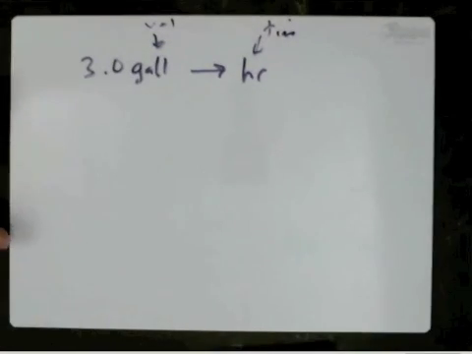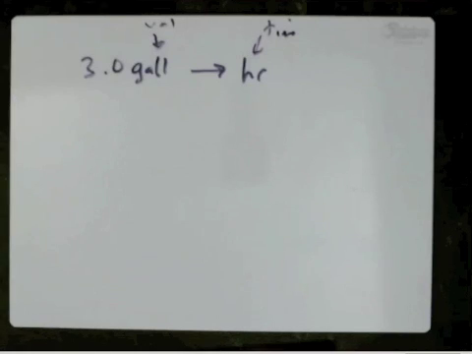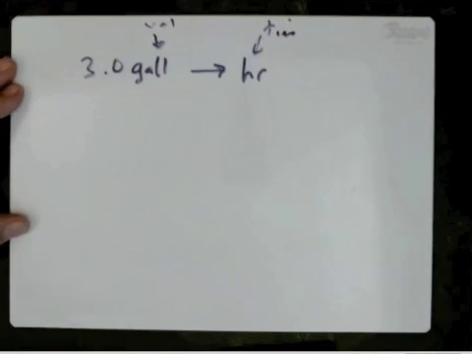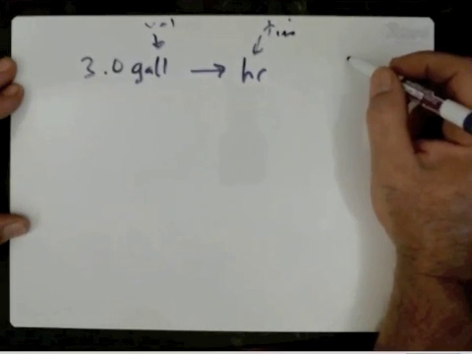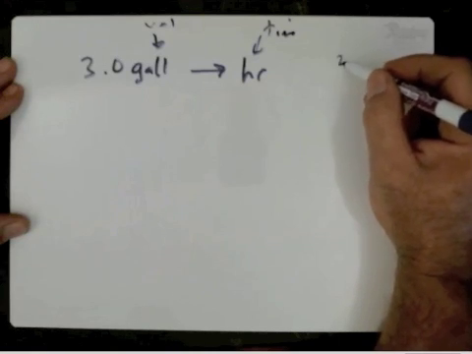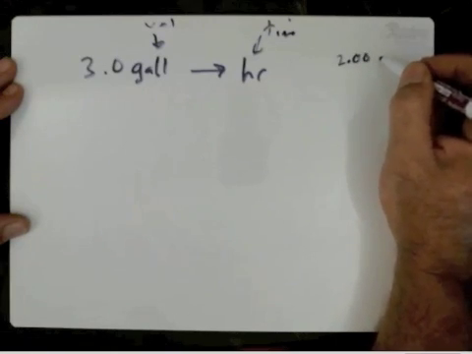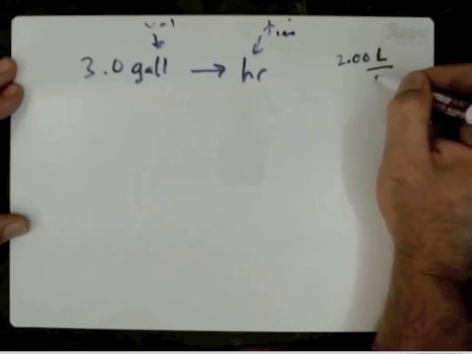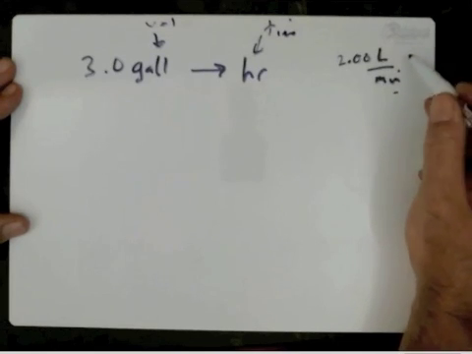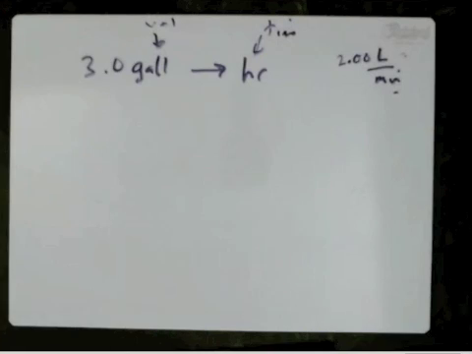So how do you do that? Well, you can't convert a volume to a time unless you're given a ratio that has volume and time in it. So if you knew that something, a pump, let's say, moved 2.00 liters per minute, well, that is a ratio that compares a time to a volume. So I could use that in the middle somewhere.